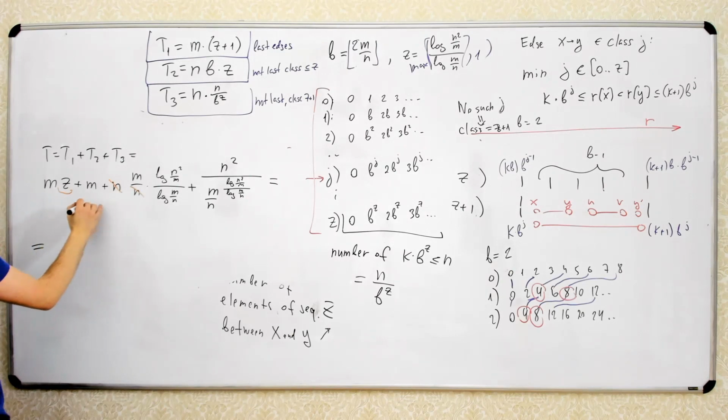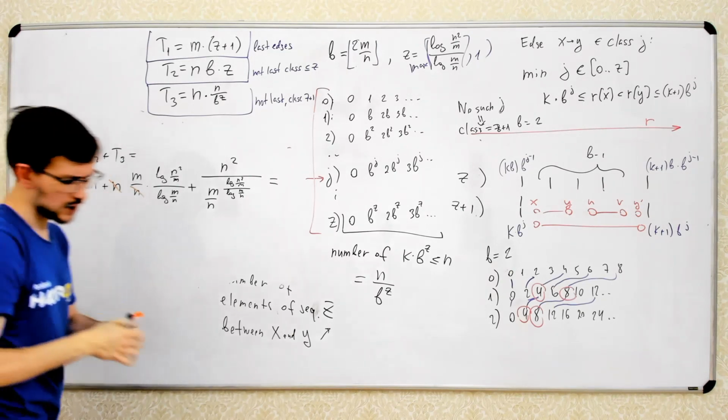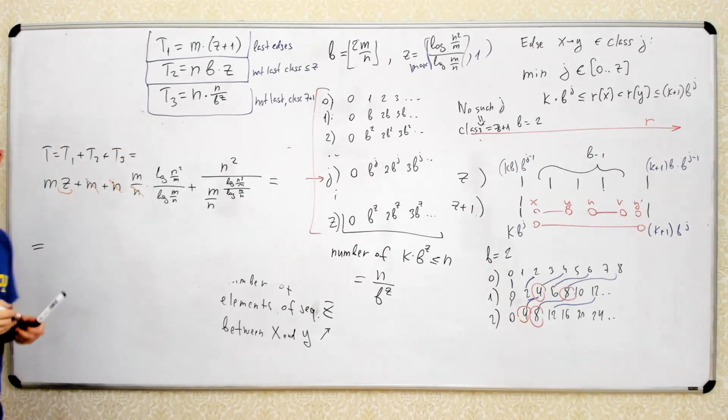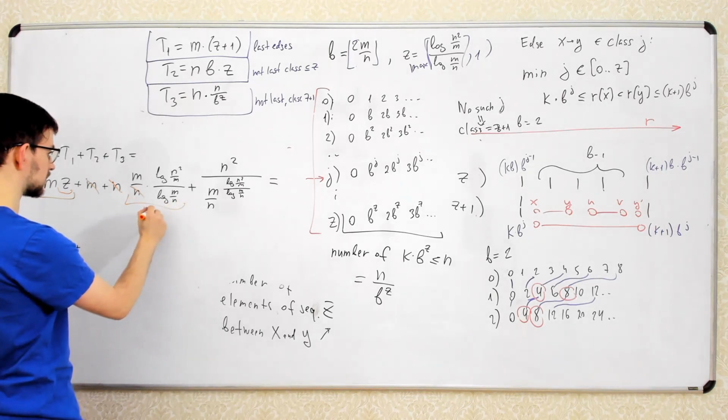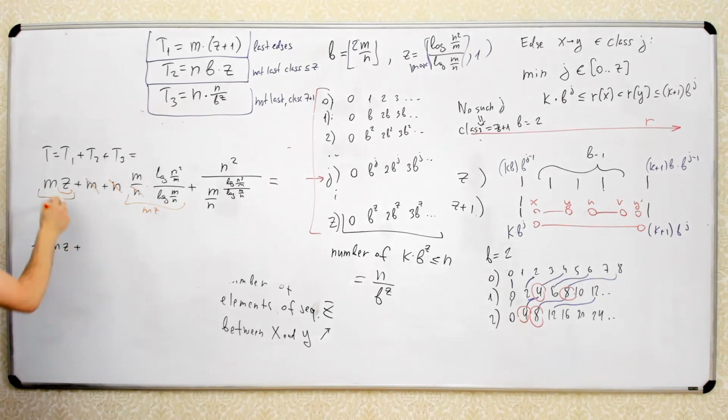So this is mz plus m. Well, I can skip this m because I need only asymptotics, right? So this is mz, this is mz. Plus this. What happens to this? Okay, so this is mz, this is m, this is mz. Right? So I'll just skip all this.